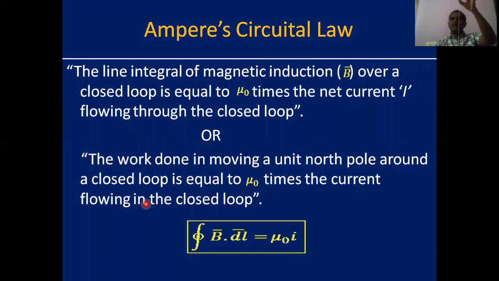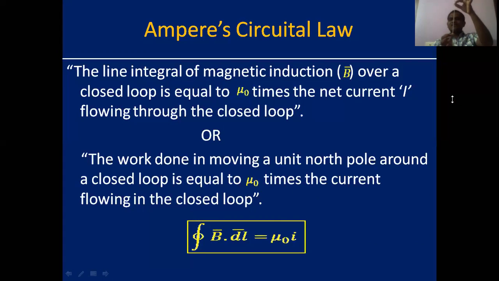Now, just imagine that around this conductor, you imagine a closed curve. Then the line integral of magnetic induction field strength over this closed loop, that is along the boundary of that closed path, equals mu naught times the net current enclosed by that closed loop.